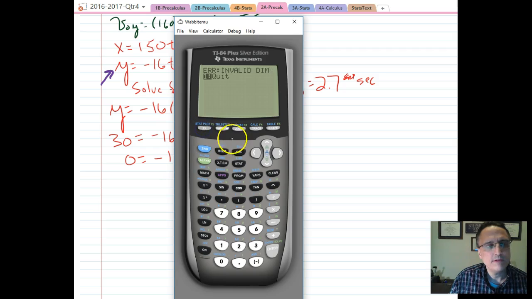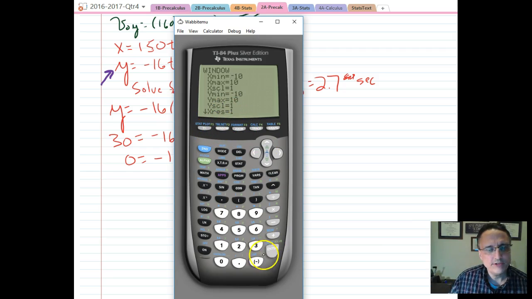Let's see. Let's quit here. I do. I have to turn that stat plot off or it won't graph. Now then, let's try it now. Okay, so there's my parabola. You can see it. I'm going to change my scale here.